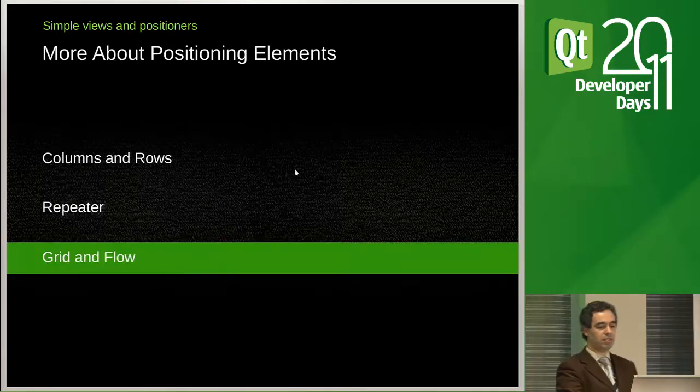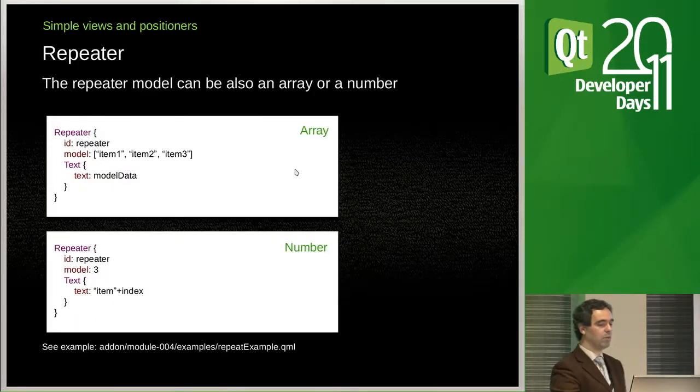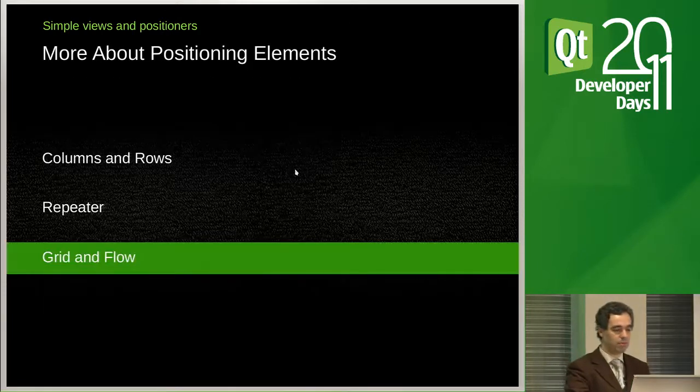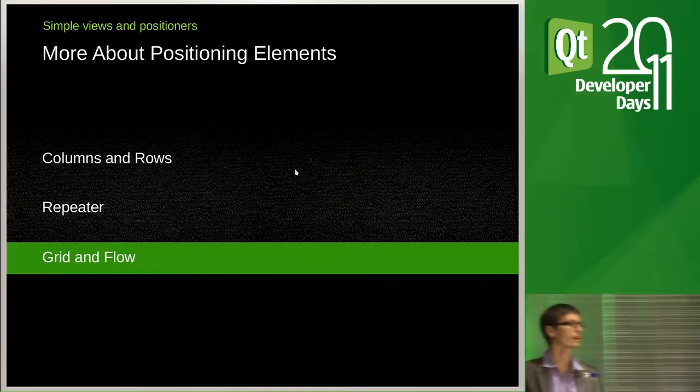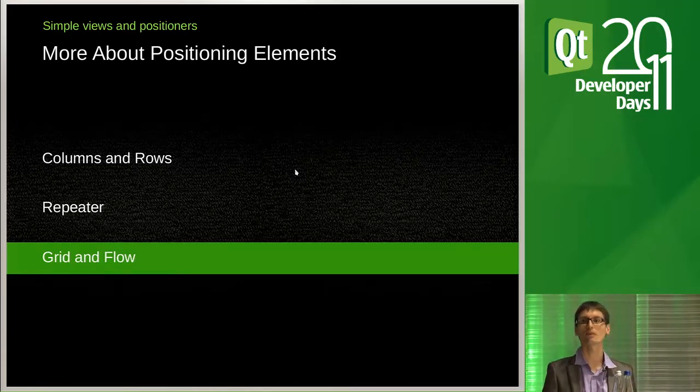And in the case of, for example, this repeater for text, it will repeat the text 3 times and display the item, the index number, so 1, 2, 3, and so forth. Basically it's a for loop to create n items. But we are in a declarative language, so we don't have any for loop. So we use what we call a repeater.